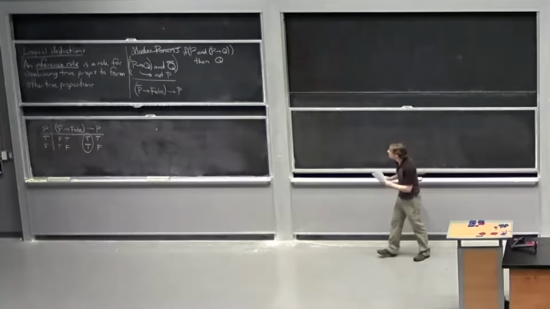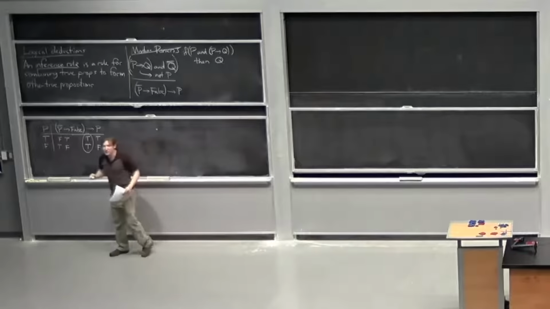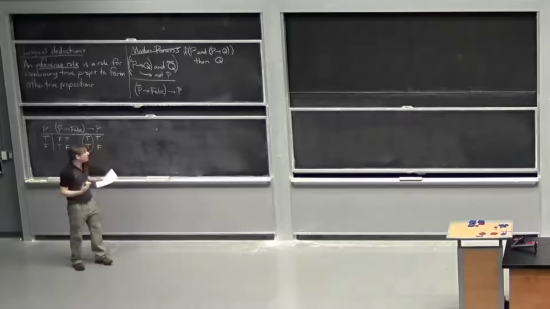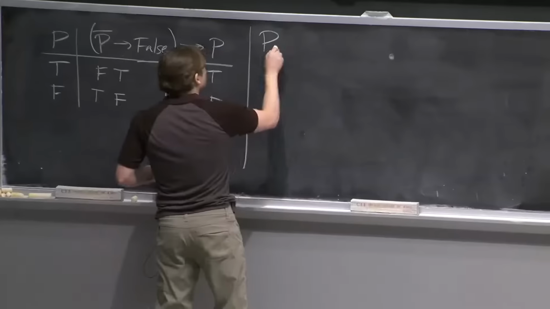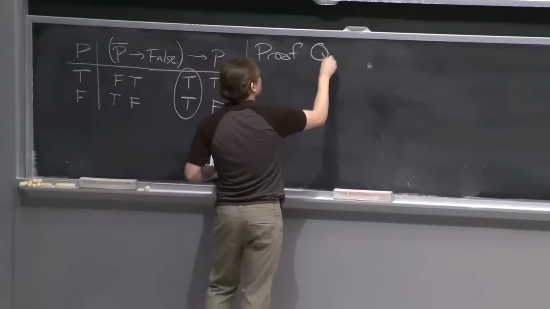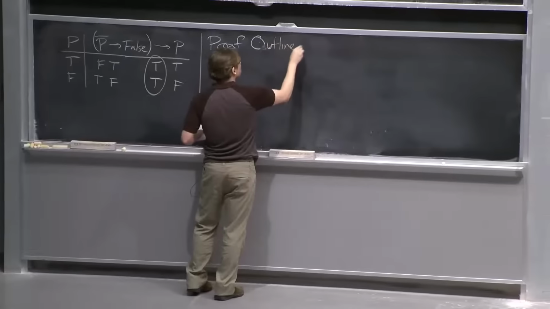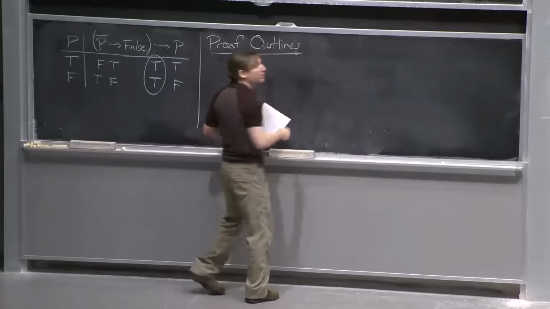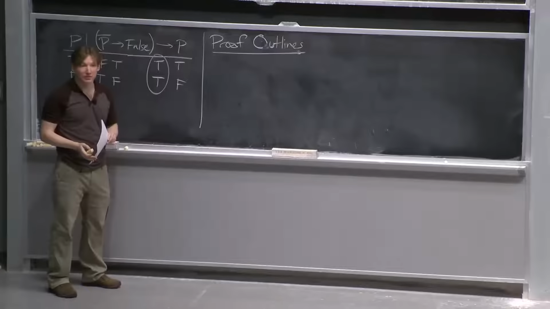All right. So using these logical deductions and things like them, I want to talk about a couple very common proof outlines. Proof outlines. Oh, that's not a Q, that's a U. Outlines. For proving some of the most common shapes that our theorems might take.